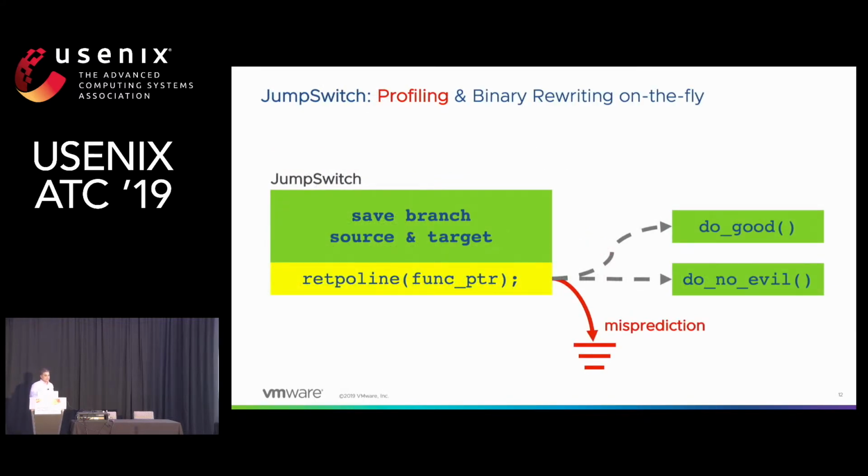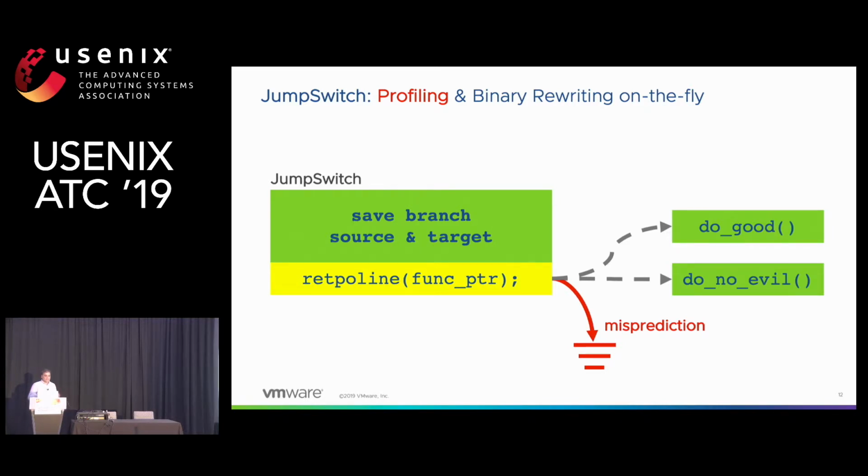So this basic inline jump switch that we show is based on two stages. The first stage is a stage of profiling, and the second stage will be a stage of binary rewriting, and all of those two stages happen on the fly. So initially, we precede the code that calls the Retpoline instead of an indirect branch with some kind of code that saves the branch source and target for each one of the branches.